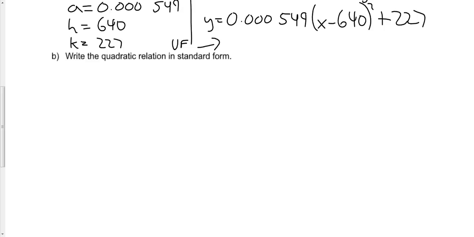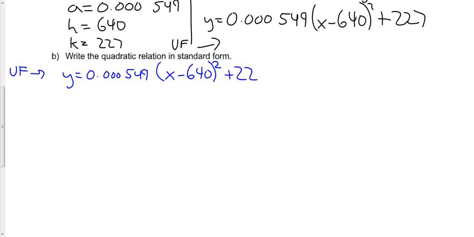So I'm going to write, again, the vertex form, and I'm just going to write that equation out again: 0.000549 times x minus 640 all squared plus 227. Okay, so again, we have a binomial, and we're going to expand that out.